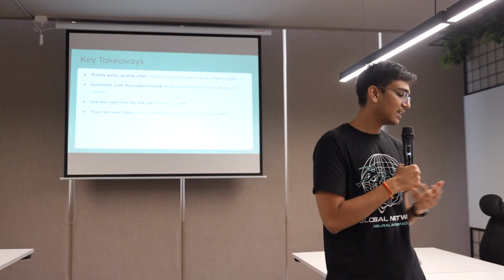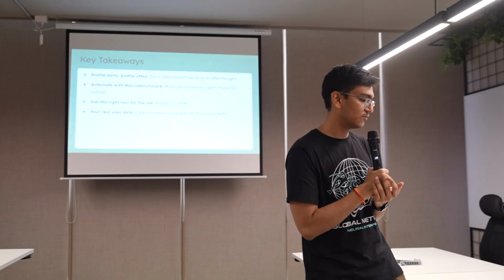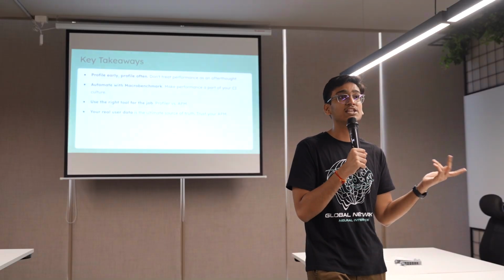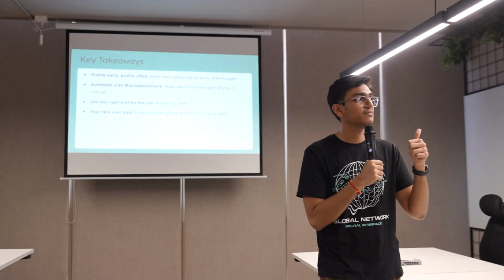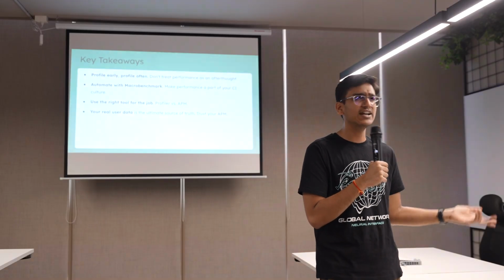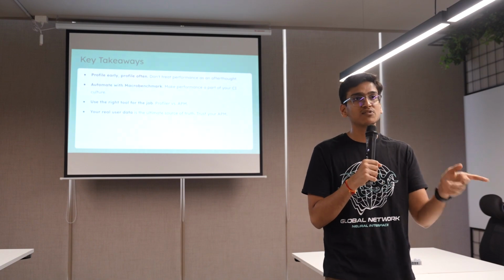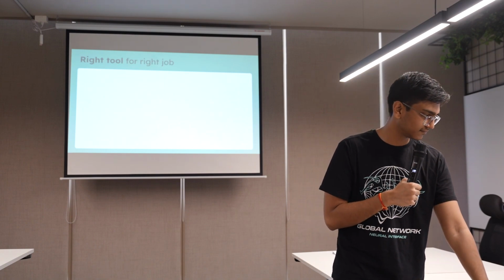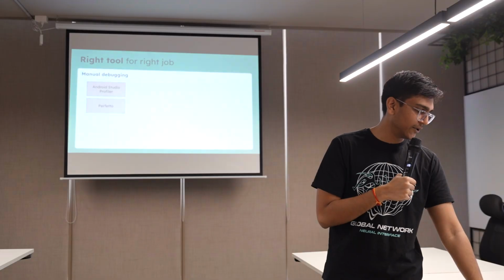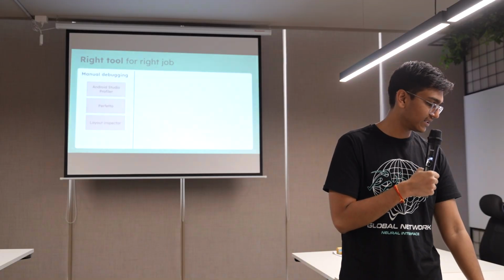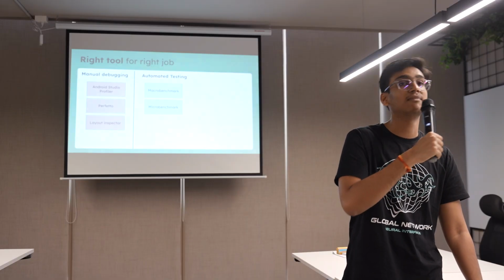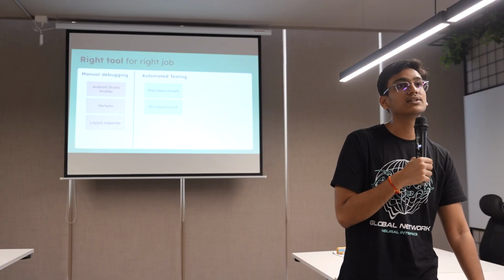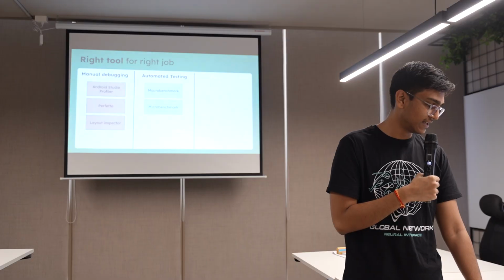So yeah, takeaways are: always profile early and profile often. Automate it with benchmarks so that you don't have to perform it again and again. With that you can be confident as well. Use the right tool for your job and always use real users' data. For manual debugging, you can use the tools which you already saw. For automation testing, use Microbenchmark, which is another tool you can take a look at.